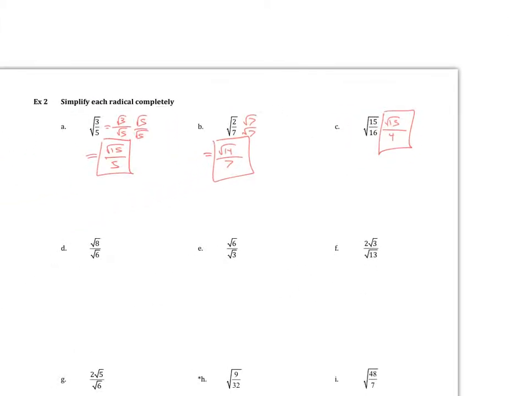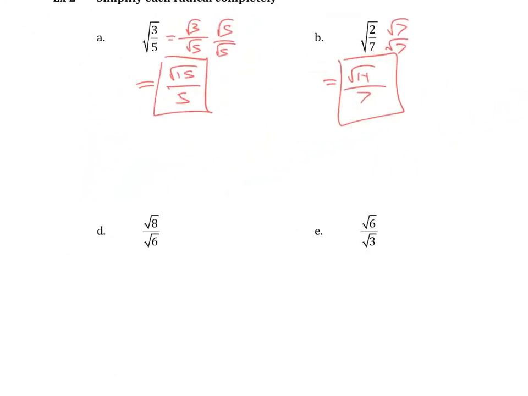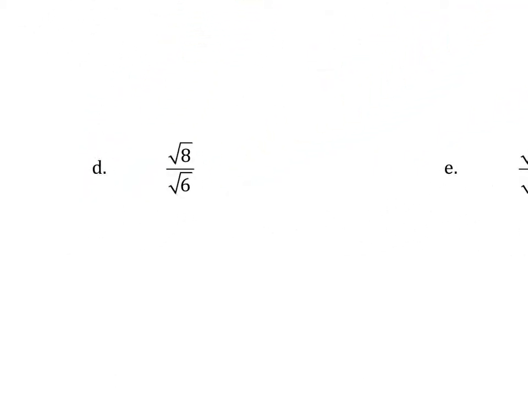All right. If we go with problem D now. Another shortcut, another way you can help make these problems easier is if you reduce first. Because these are both square root numbers, I can reduce this fraction, right? Essentially what we're doing is we're going to write it as root 8 over 6, but then 8 and 6 both divide by 2, so it's really root 4 over 3.